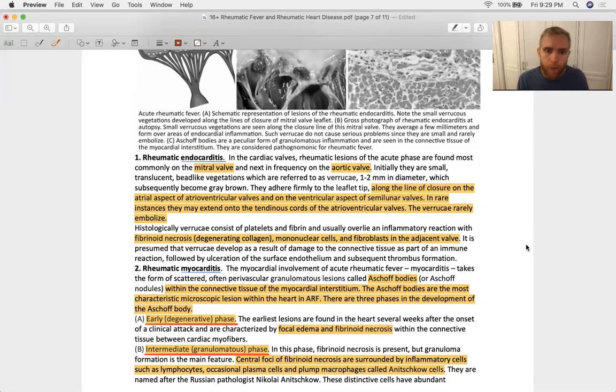And so the pericarditis, that's your epicarditis. Endocarditis is going to involve the mitral valve most frequently, and then the aortic valve second most frequently. So you're usually going to see it on the left side of the heart, which makes a lot of sense because the left side of the heart generates a lot of pressure.